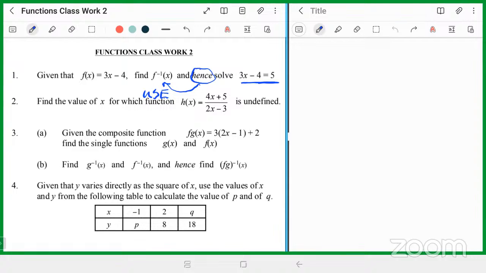So this is a test of your knowledge of the rule that I introduced in class, which says if f of x, function of x, is equal to some value n, in this case the n is 5, then it implies that the x in this equation is f to the -1 of n, provided that f of x is a one-to-one function. So this really only works for one-to-one functions because only a one-to-one function can have an inverse.